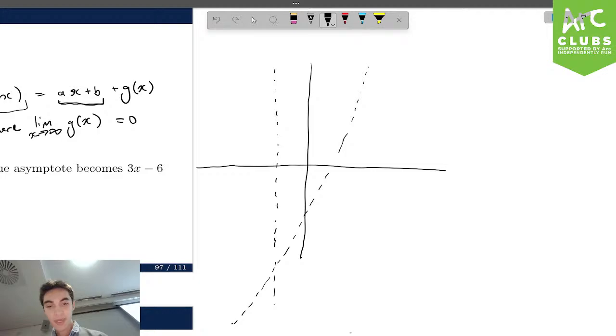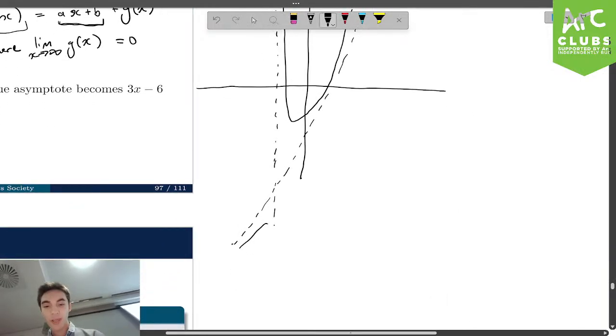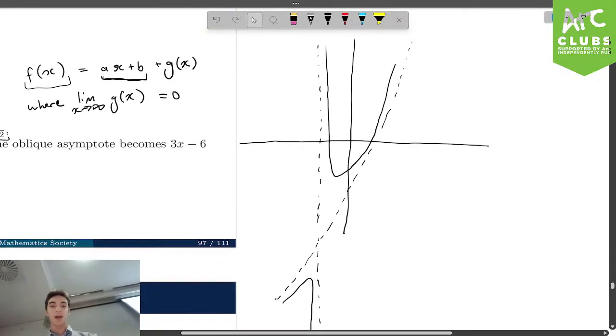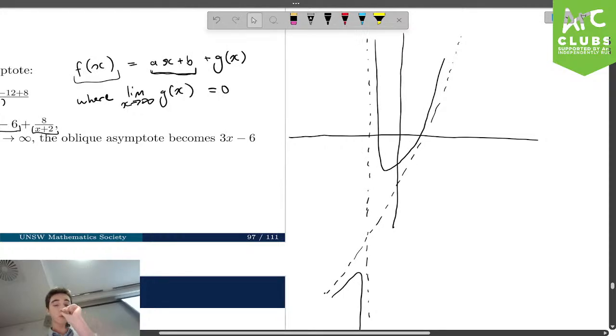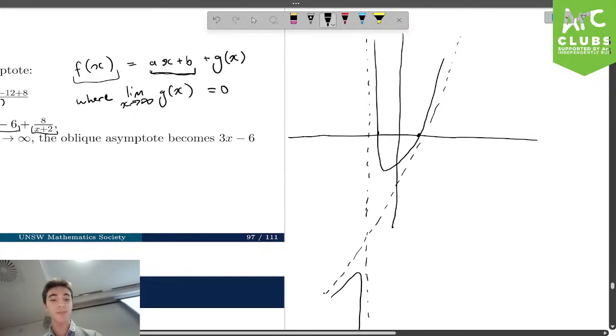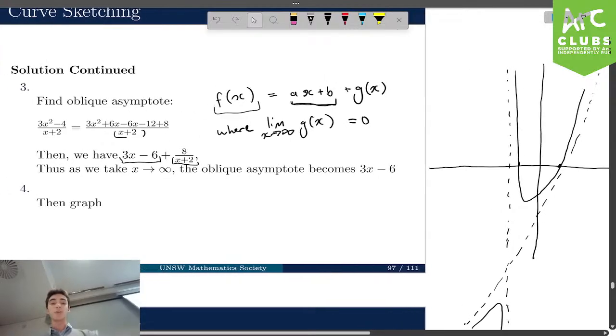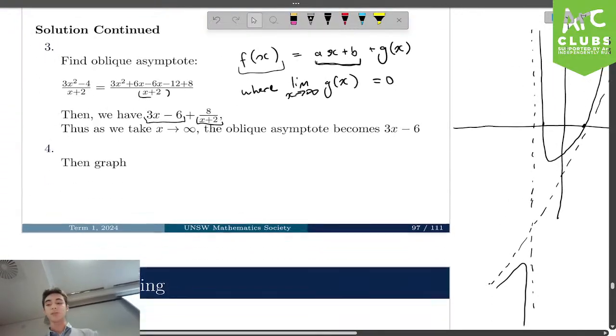I did make this a bit big, but what the function will look like is like this, right? It's like you took a regular hyperbola 1 on x and you kind of deformed its asymptotes to look like that, okay? That's how you'd graph it. Obviously, you'd also label the intercepts, make it nice and neat, not sloppy like I have, but that's the basic idea of it. Once you have the asymptotes, then it's much easier to draw.